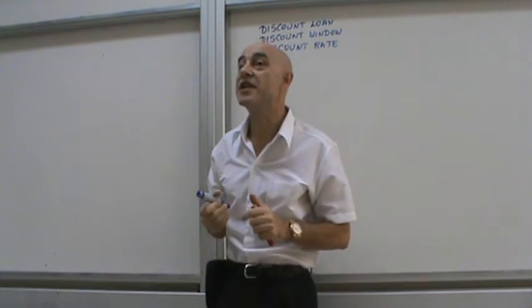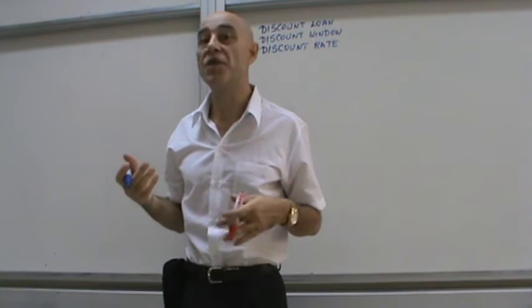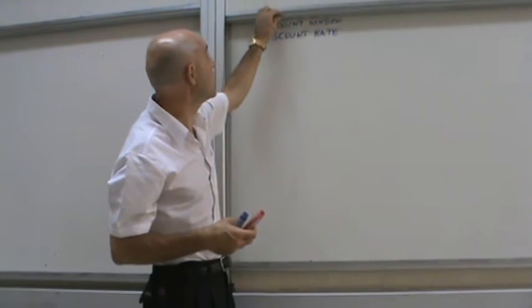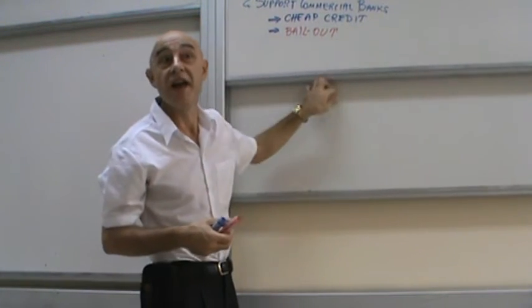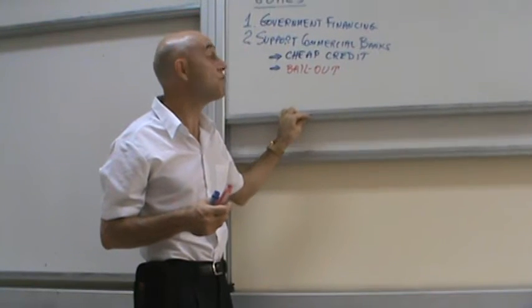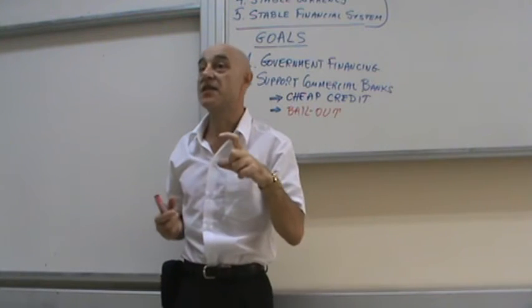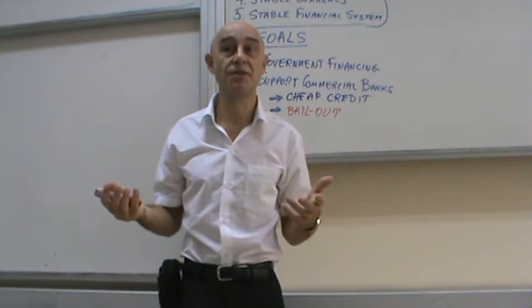The discount rate is almost always well below the market interest rate. In other words, it is cheap credit. And the difference between the market interest rate and the discount interest rate is like free money to the commercial bank.